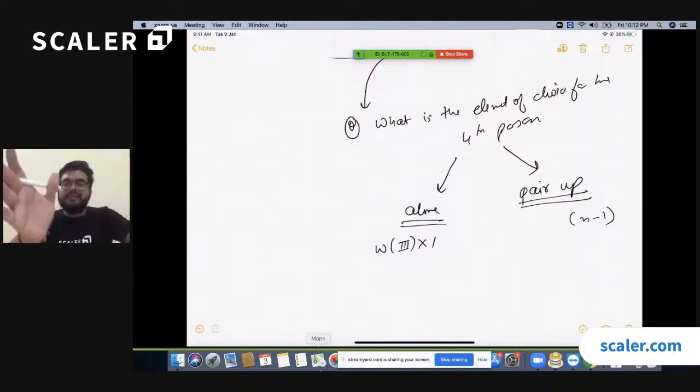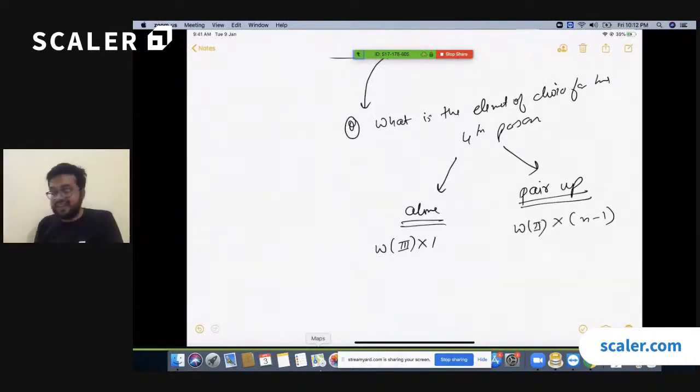The remaining people that are left are n-2. If you already know the answer for n-2, which in this case is the number of ways for 2 people to enjoy the party, you will just utilize that. You will multiply it by the number of ways you can choose whom to pair with, which is n-1.